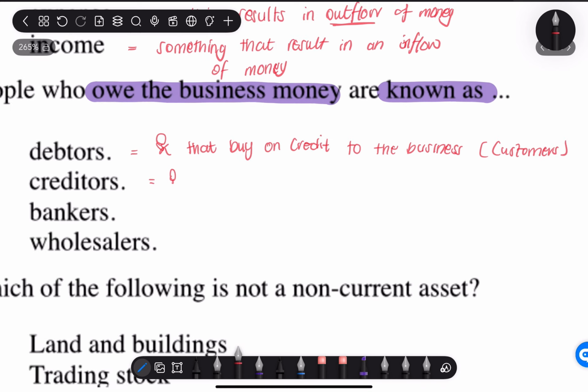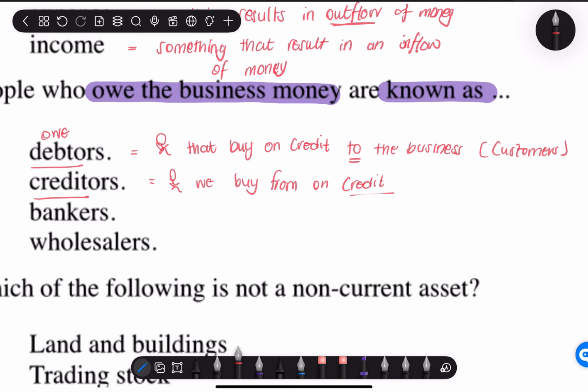And then creditors is basically people we buy from on credit. Credit, debt, they owe. Creditors, credit doesn't exactly say owe, but creditors buy on credit.